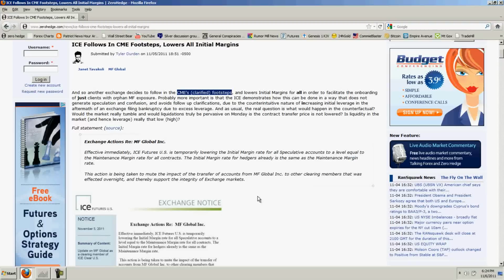Effective immediately, ICE Futures US is temporarily lowering the initial margin rate for all speculative accounts to a level equal to the maintenance margin rate for all contracts.